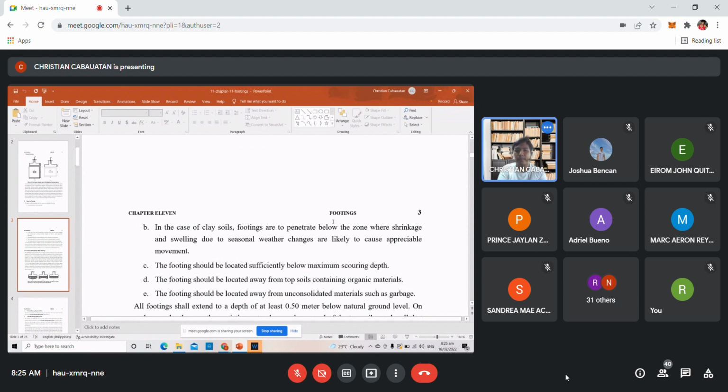The footing should be located sufficiently below the maximum scouring depth. Makikita natin mamaya sa next discussion natin kung what depth to be considered during the designing of the footing. Meron kasing minimum depth of the footing and then meron ding range nung kanyang depth.